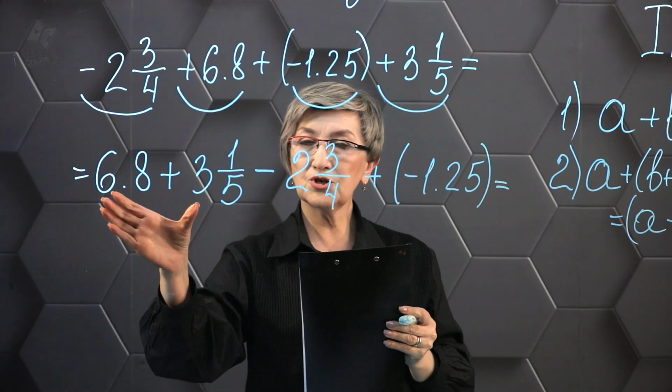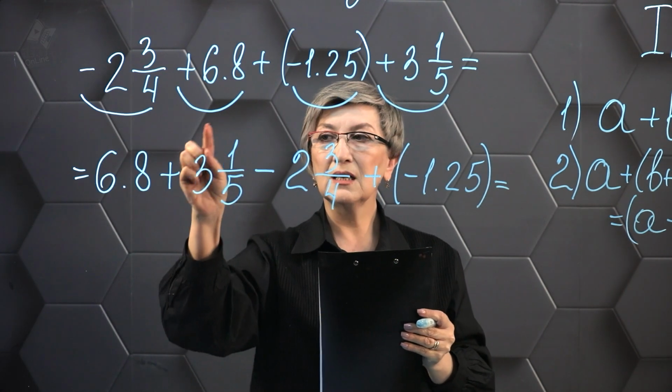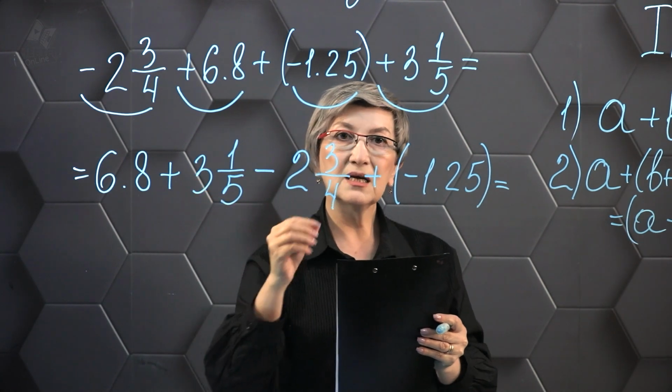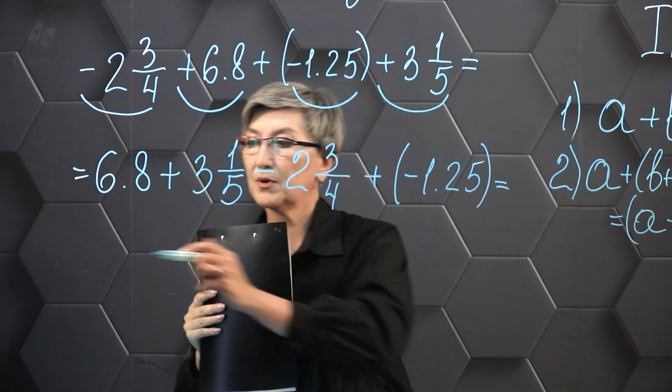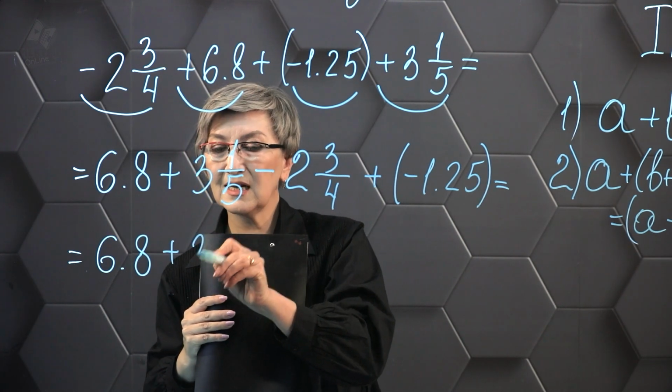Next, the number 6.8 plus 3.1, so I can add. But the number 3 whole 1/5, I'll write it down as a decimal, equals 6.8 plus 3.2.